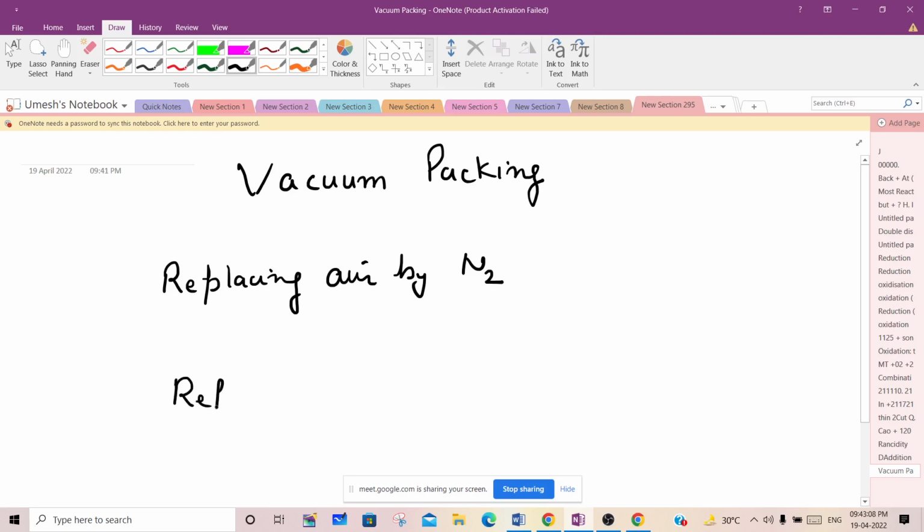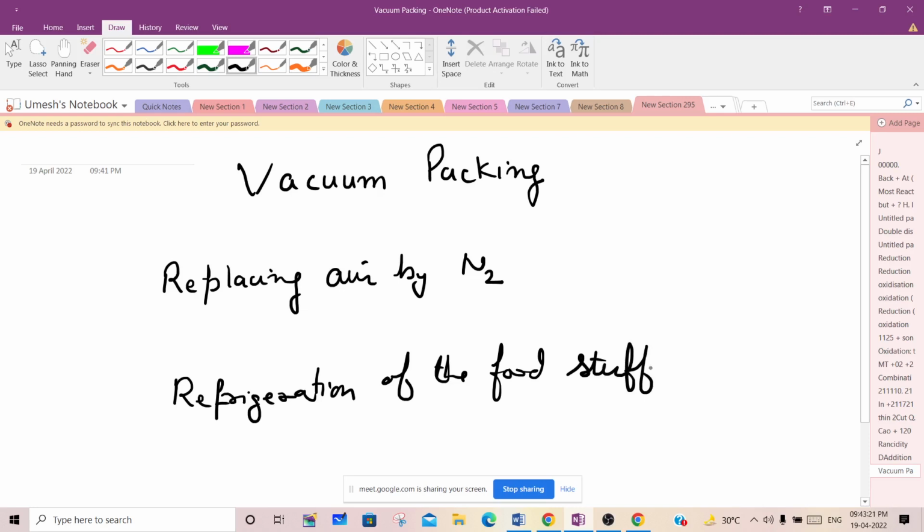And next method, refrigeration of the foodstuff. These are the four different methods by which we can prevent rancidity.